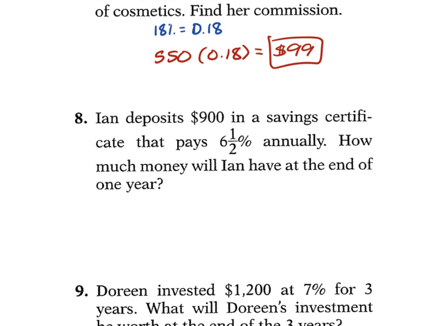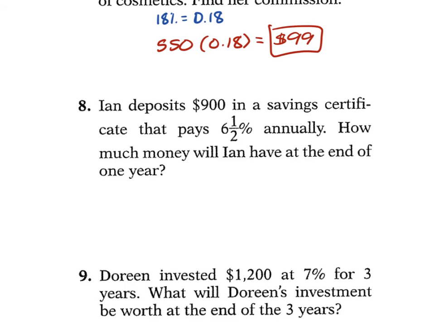For 8, it says Ian deposits $900 in a savings certificate that pays 6.5% annually. How much money will Ian have at the end of 1 year? So our principal is the 900. Our rate is the 0.065, and then the time is the 1.